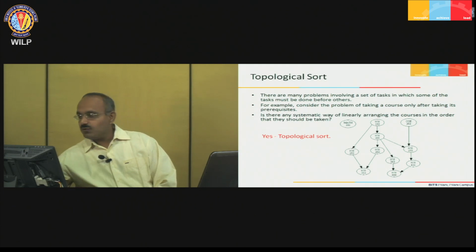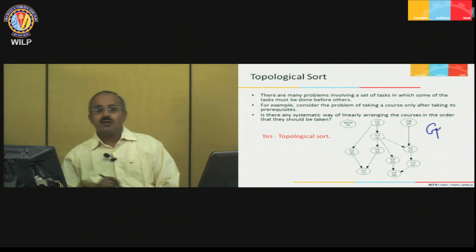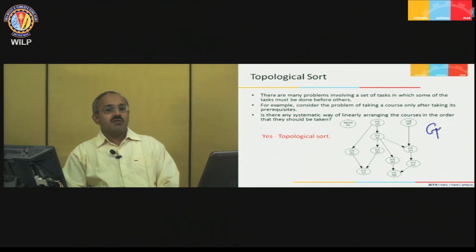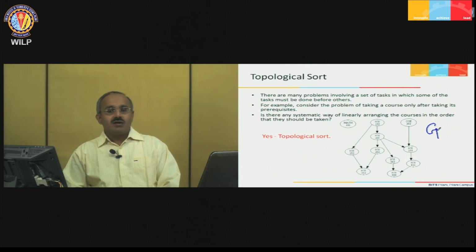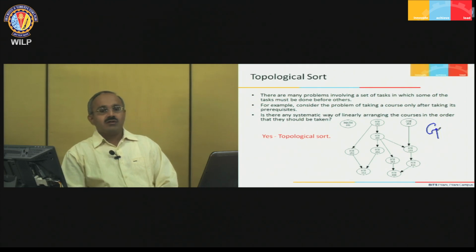If you look at this graph G, it represents the prerequisite relationships for the courses. In this graph, the nodes represent the courses and the directed arrows represent the prerequisite relationships between these courses.